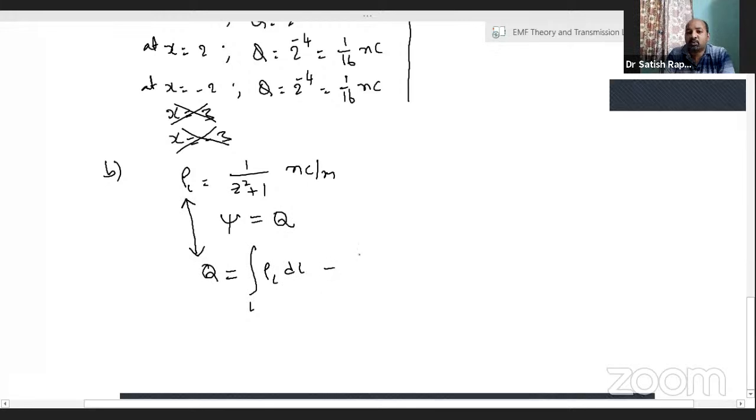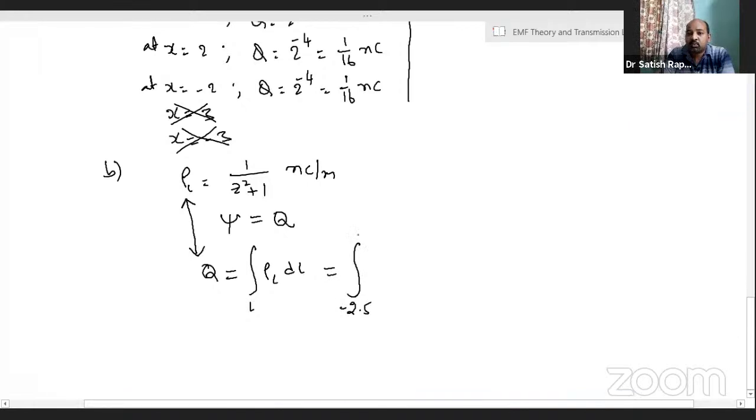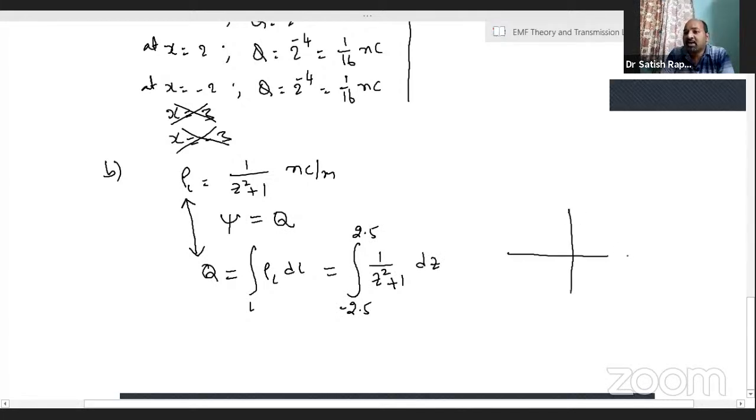And this is equal to integral minus 2.5 to 2.5 of rho L, 1 by z square plus 1, dz, on the z-axis. In the problem it was given on the z-axis. So on the z-axis, what are the limits we have?